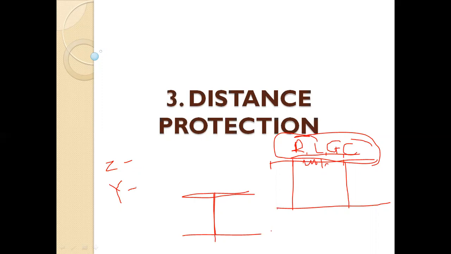So when you are studying this transmission line, that time you have to find the equations for this admittance and impedance. Also when you are considering different types of faults, that time also you have to write the equations for this admittance in terms of your current, etc.